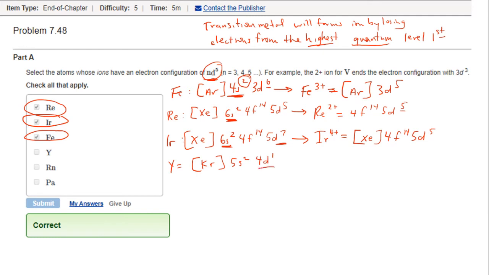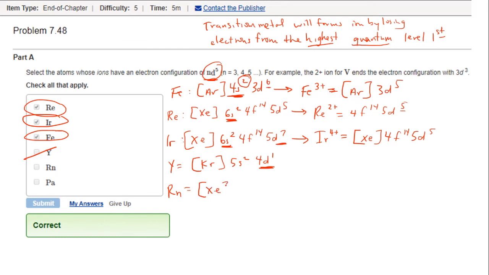So we do not have enough electrons to form a cation with a terminal configuration of nd5. We have less than that number of electrons, so we can't lose any to obtain that. And our metals aren't going to gain electrons to form a negative oxidation state. So yttrium won't work.